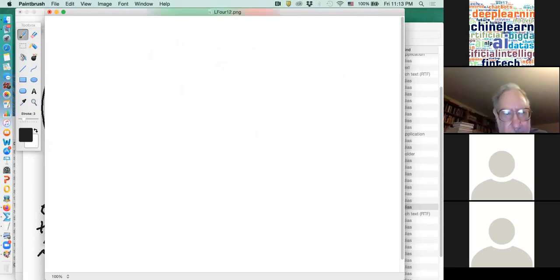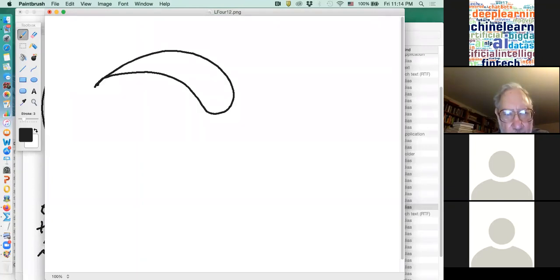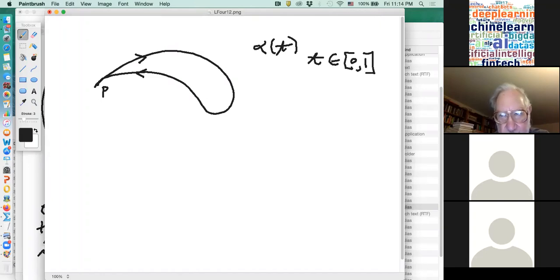So, if I have a loop alpha of t, t belonging to [0, 1], then I'm going to define what will turn out to be its inverse, alpha bar of t, and that's defined to be alpha of 1 minus t.